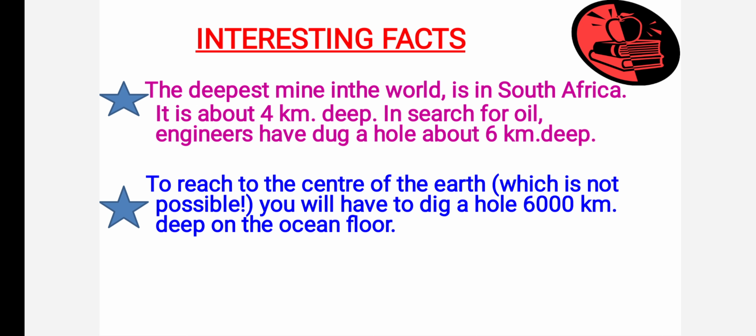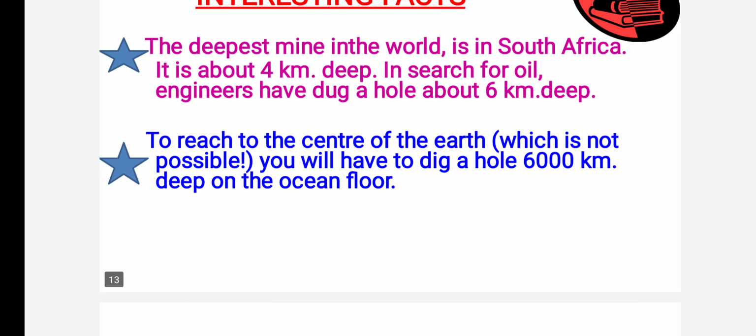To reach the center of the earth, you need to dig a hole of about 6,000 kilometers below the ocean floor. It is highly impossible, children, because the temperature in the center of the earth is very high, which you cannot tolerate. It is more than 1 lakh Celsius. This 1 lakh Celsius is just the outermost temperature of the sun. The crust part of the sun has a temperature of how much?